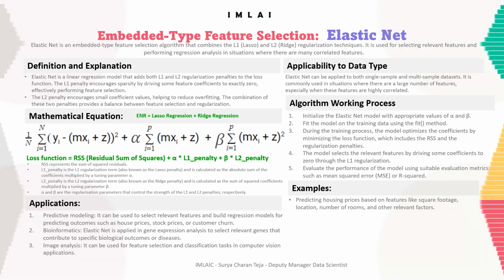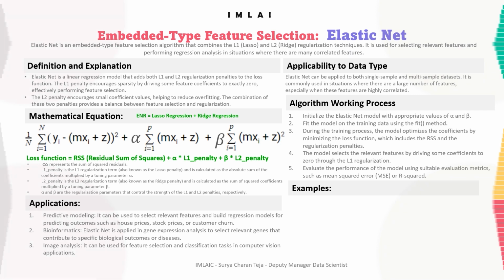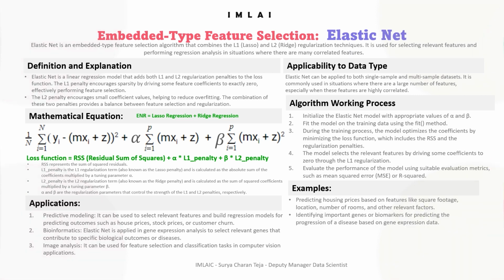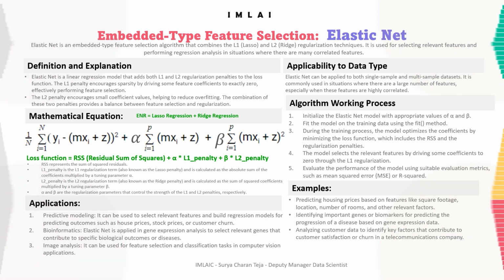The next one is analyzing customer data to identify key factors that contribute to customer satisfaction or churn in a telecommunications company. So overall, ElasticNet is a versatile algorithm that combines the advantages of L1 and L2 regularization, allowing for effective feature selection and model regularization.